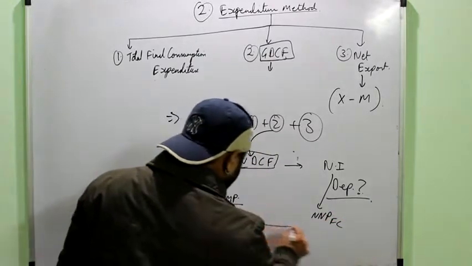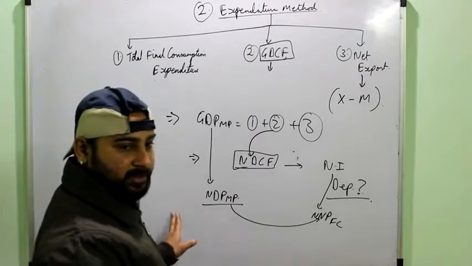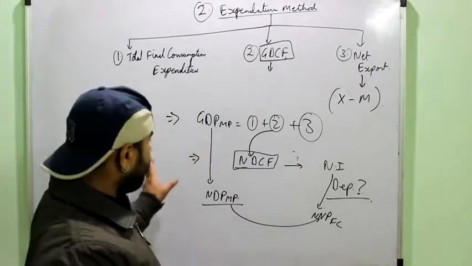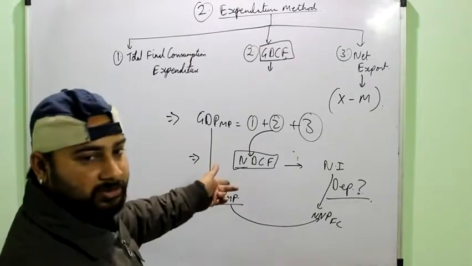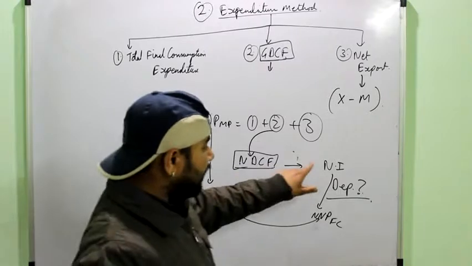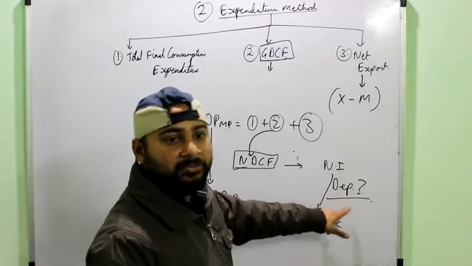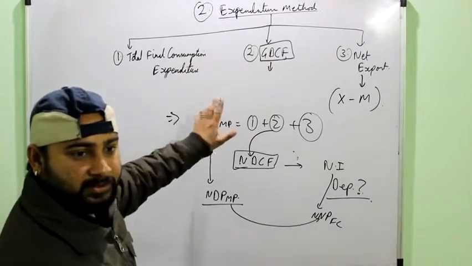For converting it, I will not require any depreciation, because both the aggregates are already net. So you can use this logic, or it might be compulsory to use in some questions where depreciation is not given and it is not possible to find it. Otherwise you will follow the traditional method, the first one.